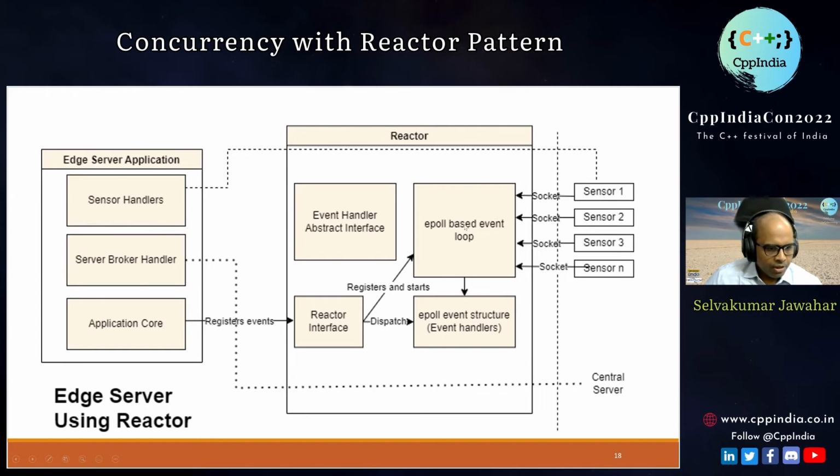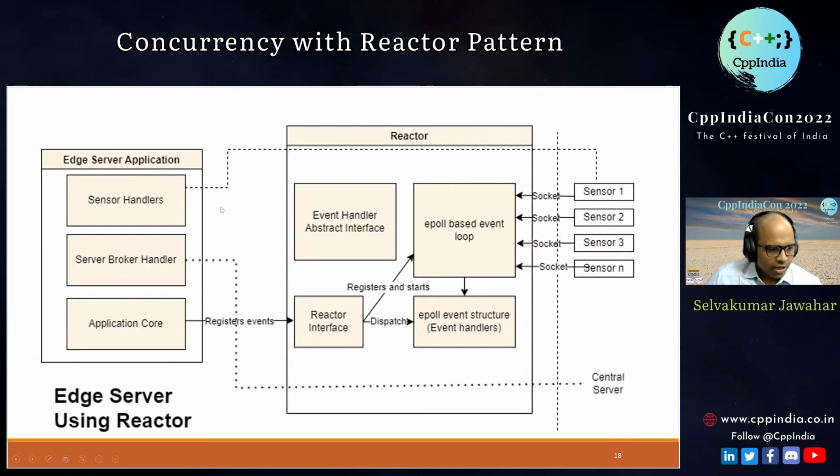As soon as the reactor receives any event from the sensors or socket, it will dispatch that event to the correct event handler, and the event handler will take care of whatever needs to be done with that event.